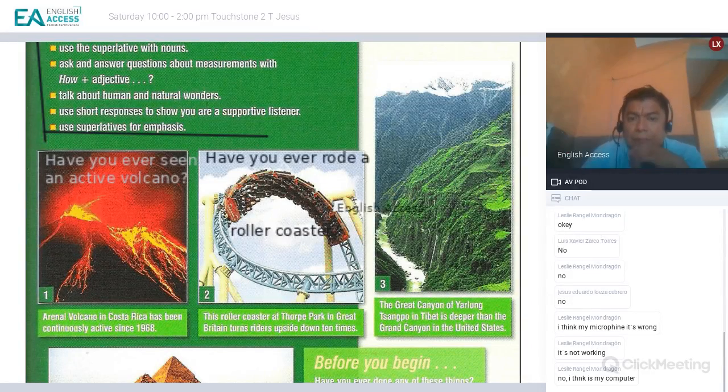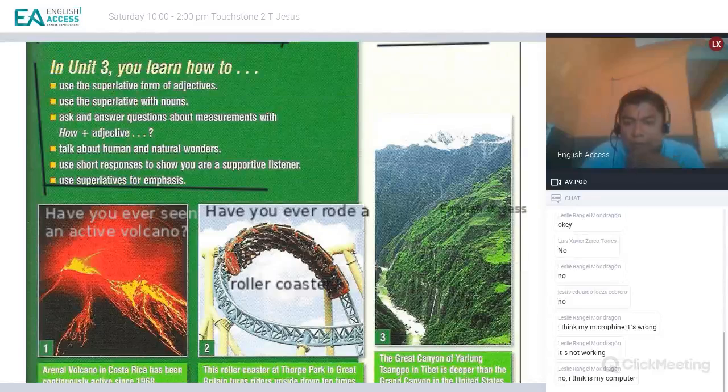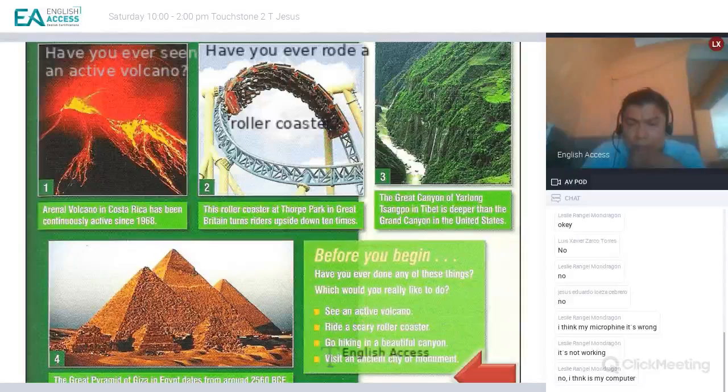Right there, like that, okay? What about picture three? Go hiking in a beautiful canyon. What is the question for number three?